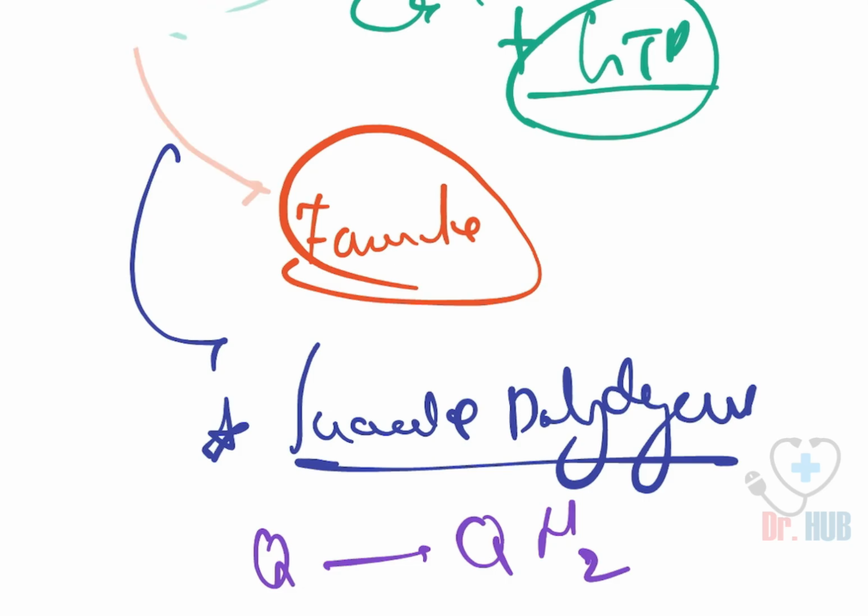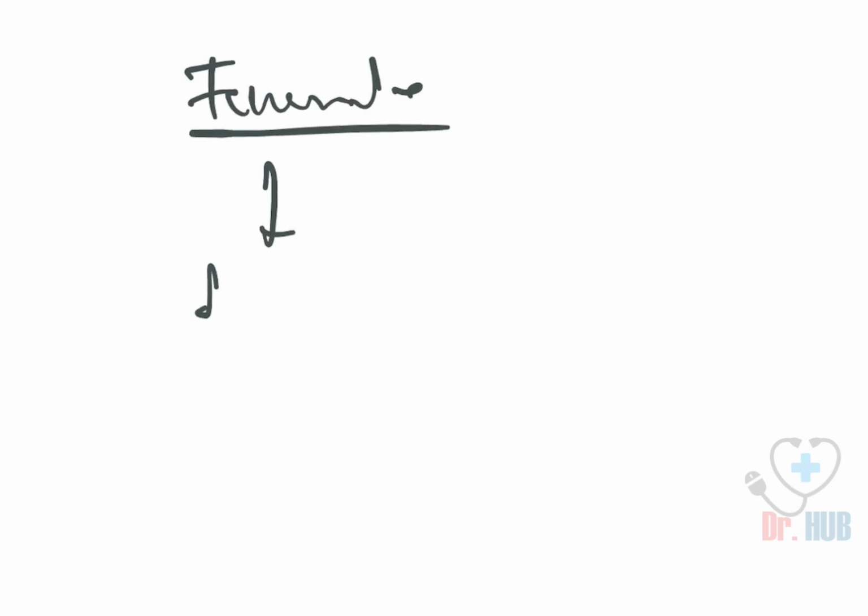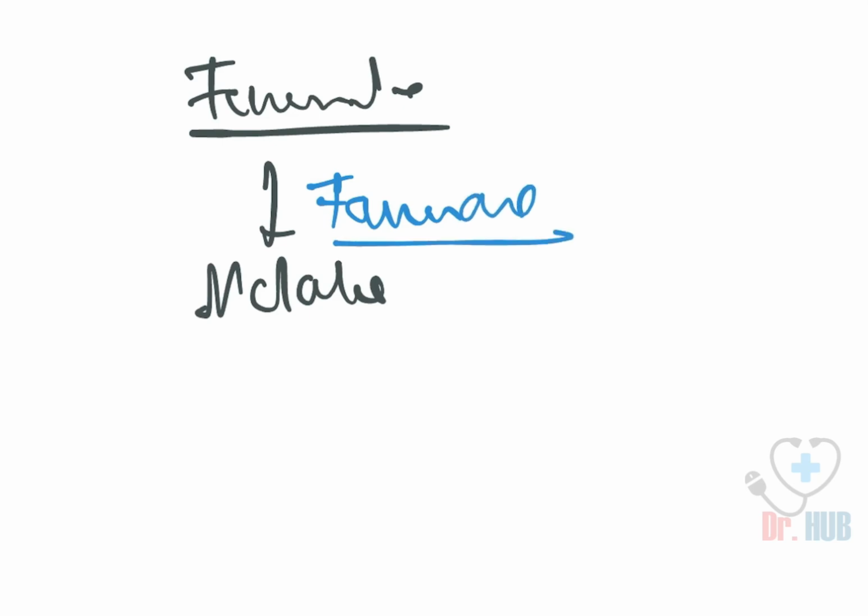Next, what happens after the fumarate? It is converted to the malate. Fumarate to the malate, the enzyme here is the fumarase, in presence of water.